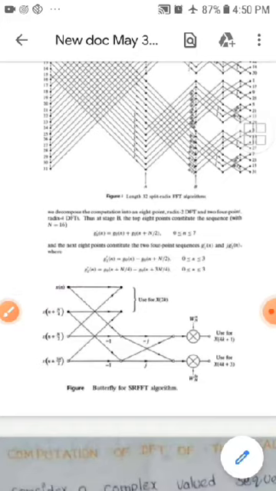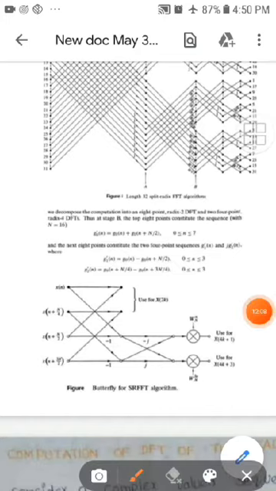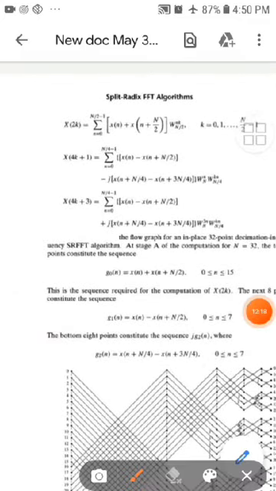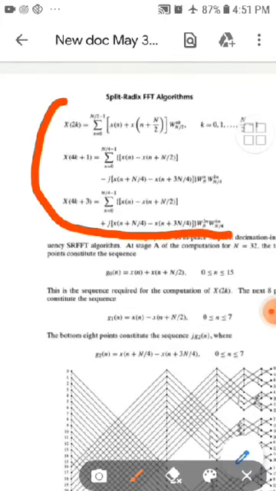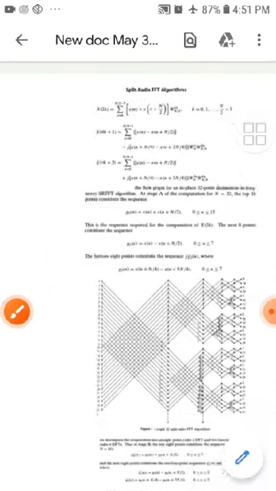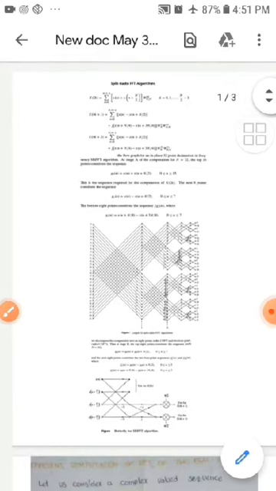So this can be drawn as follows. The split radix FFT algorithm is based on these equations, and we can draw it using these equations.